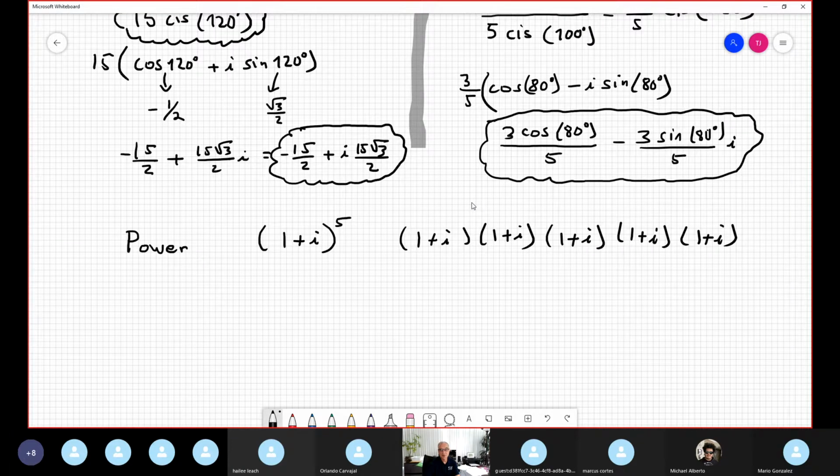And you FOIL here, and you FOIL with the other one, and you FOIL again. How many FOILs? 1, 2, 3, 4 FOILs. This is crazy. This is impossible by hand. However, using the De Moivre theorem, we do it in 5 seconds. Let me explain the De Moivre theorem for the power.